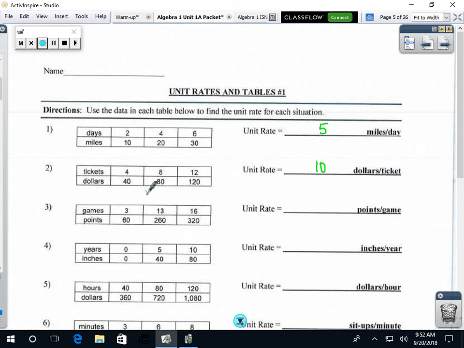Number 3, this time you have a jump of 3 to 13 and 13 to 16, so they skipped some numbers. So let's try a couple. What's 60 divided by 3? 20. What's 260 divided by 13?